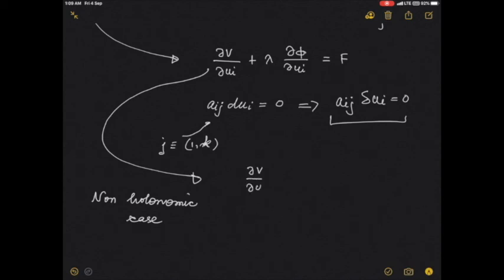Instead of phi, I will have to write it this way. This is equal to 0, and let me put j over back here, which is the number of constraints. So this is the non-holonomic case. This is the holonomic case.